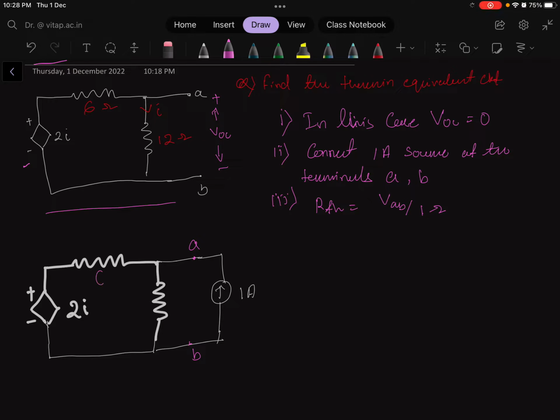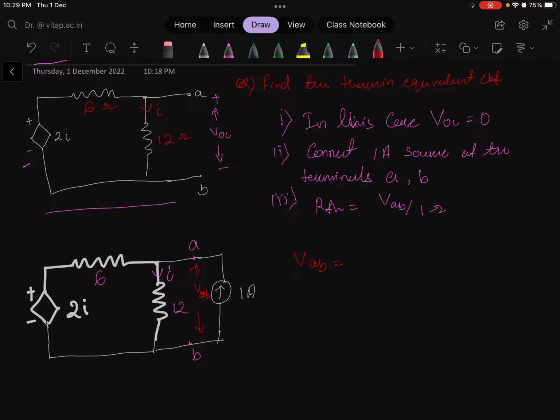And the values are given, this as 6 and this as 12, and the dependent current is flowing at this point. Now, if I do like this, then in this figure we can find the value of VAB. VAB means whatever voltage is available here. So, this will be your VAB at this point.